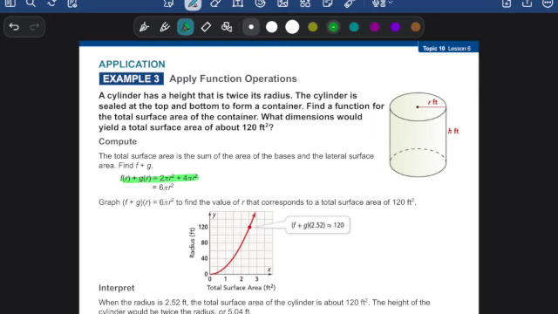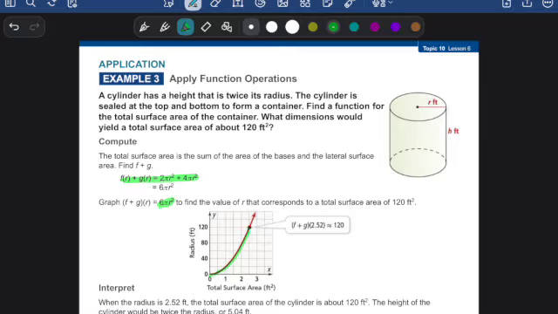Then it's asking what dimensions, or what values for r and h, would give us a surface area of about 120. So if this equation, 6 pi r squared, represents the surface area, we could plug that into our graphing calculator. Type that into your graphing calculator. And then we could use our trace function and trace along that graph to where y equals 120.